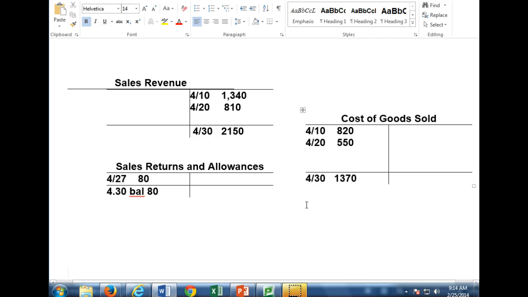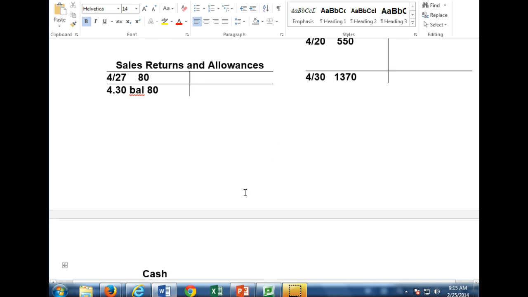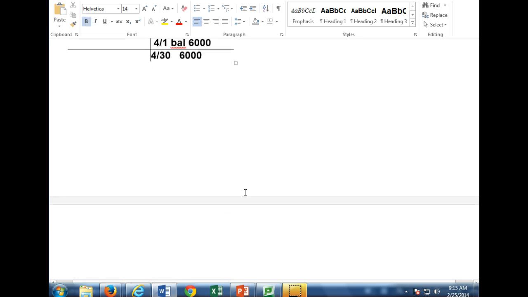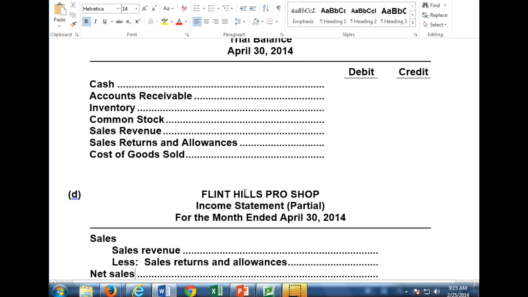Our sales revenue, we're going to take this amount of $2,150 and put 2,150 down here on the trial balance.